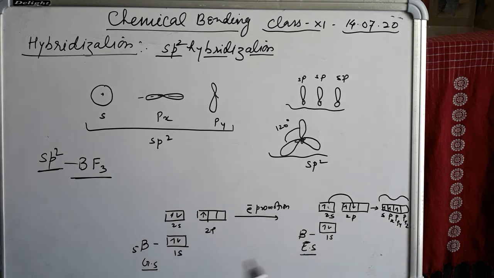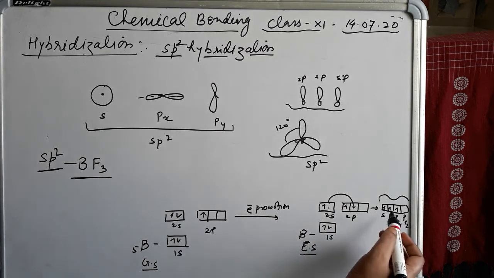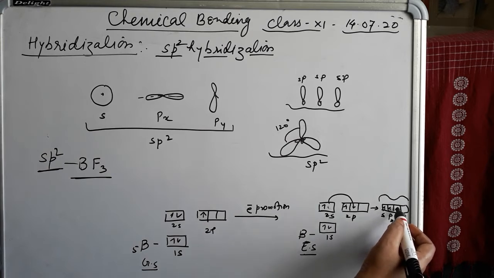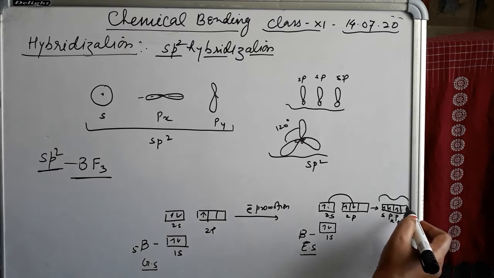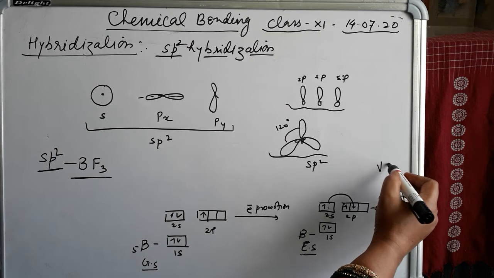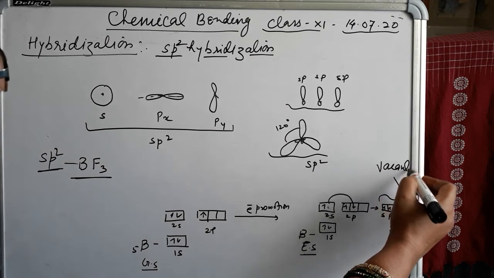Of the total 4 orbitals, 3 sp hybridized orbitals contain one unpaired electron each, and this one is vacant.